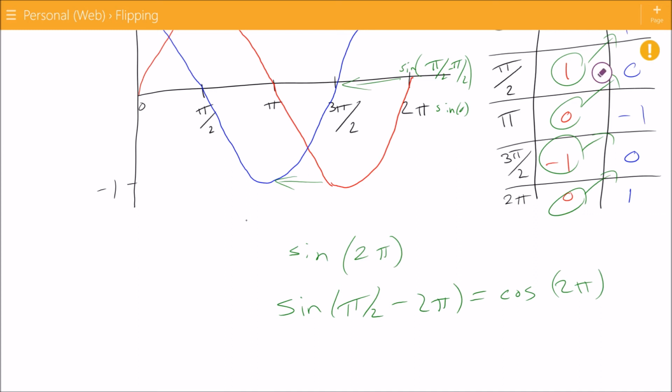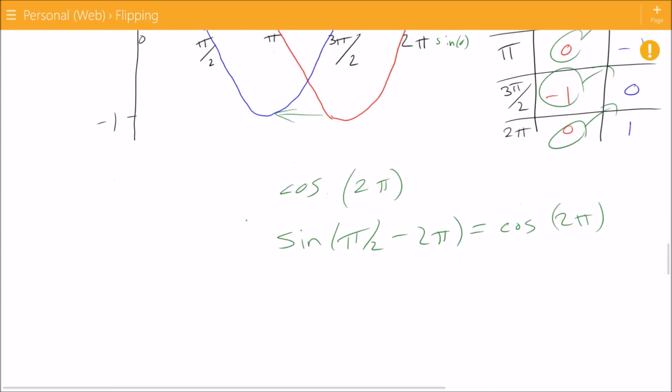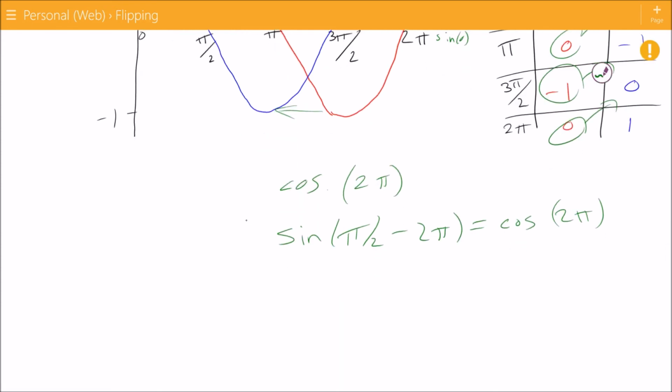Pardon me, I'm sorry. What I wanted to say earlier here was, let's look at the cosine of 2 pi. I apologize for that. Alright, cosine of 2 pi. So the sine of pi over 2 minus 2 pi is actually the sine of negative 3 pi over 2. Should equal the cosine of 2 pi.